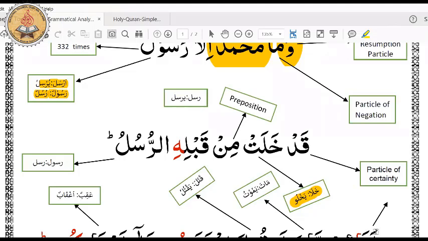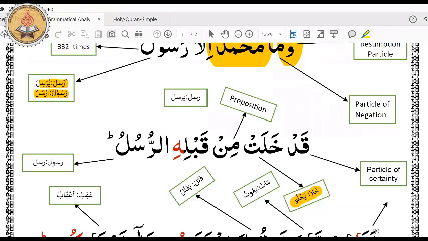So khala means he passed, and there are many meanings. Sometimes a word has a range of meanings, 2-3 different meanings, and the context dictates how we have to understand the meaning.